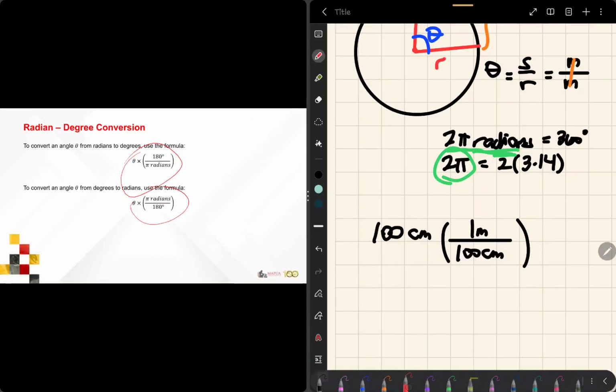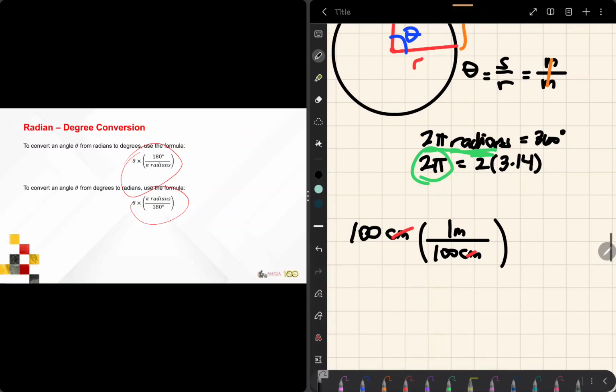So we always put on the denominator the given units, and we put on the numerator the units that we want to achieve. So cancelling out centimeters, we will get 100 centimeters converted to 1 meter. So we will get 100 centimeters is equal to 1 meter.